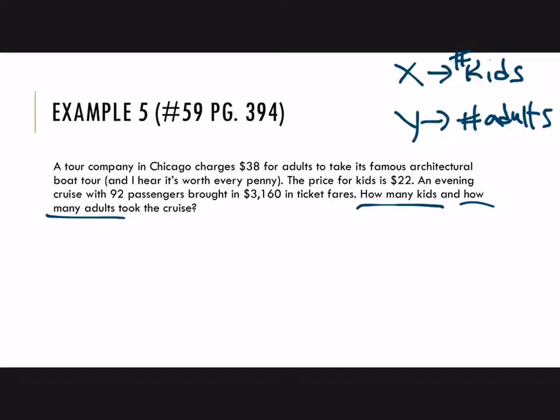So let's look at some of the numbers that we're given. We have $38 for adults, a kid's price of $22, 92 passengers, and a total of $3,160 in ticket fares. So we have some prices, and then we have this 92 passengers, which is a number of people. Notice the connection.